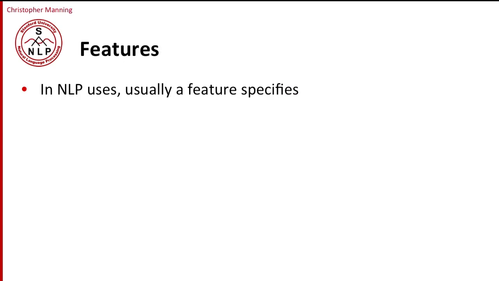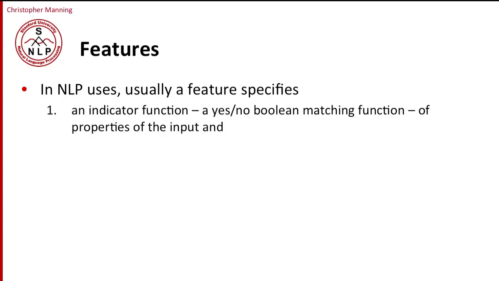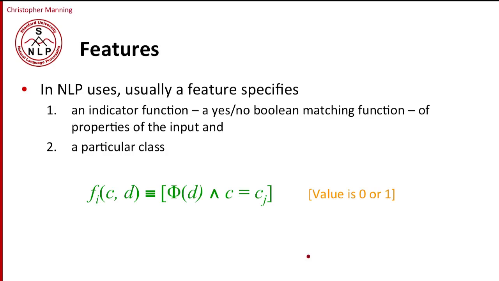In the particular case of natural language processing applications, what we find is that usually a feature is of a very particular form. So the feature consists of, firstly, an indicator function, a yes-no Boolean matching function of properties of the input, and secondly, it specifies a particular class. So the arbitrary feature is just a feature of a class data pair, and it's returning some real number.